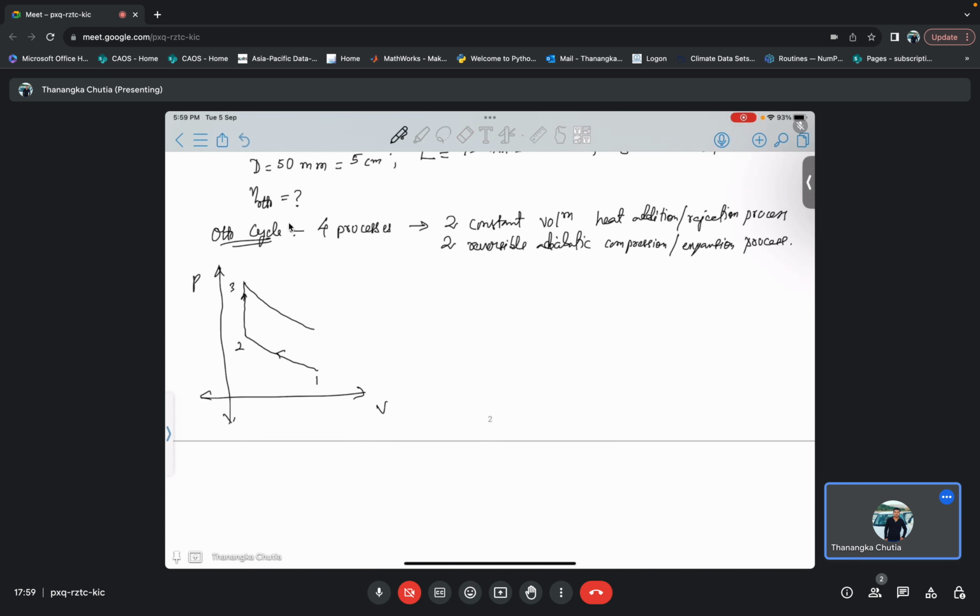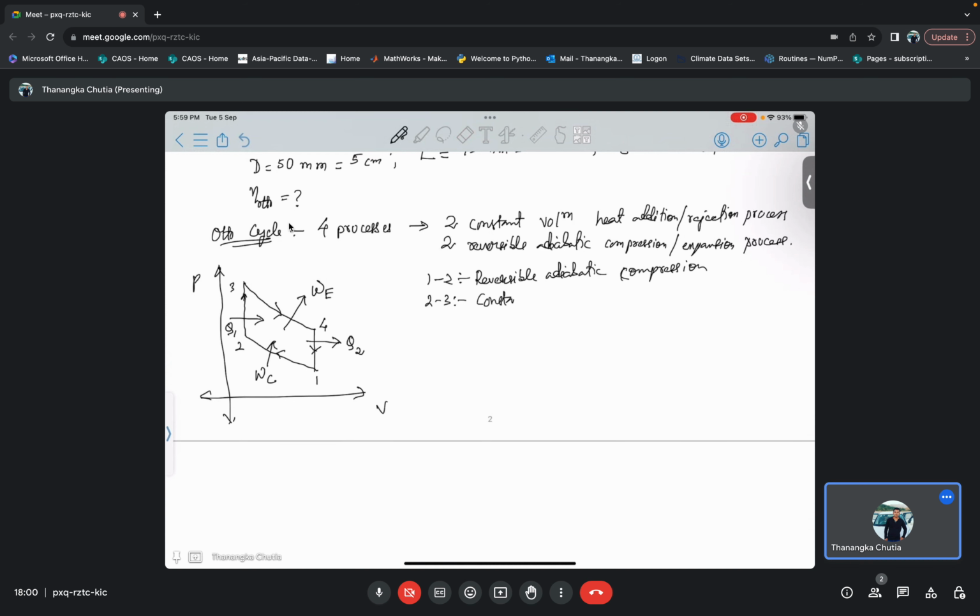This will be the work of compression WC, this will be the work of expansion WE, and here constant volume heat addition will take place, Q1, and here constant volume heat rejection will go out, Q2. So 1 to 2 is reversible adiabatic compression.